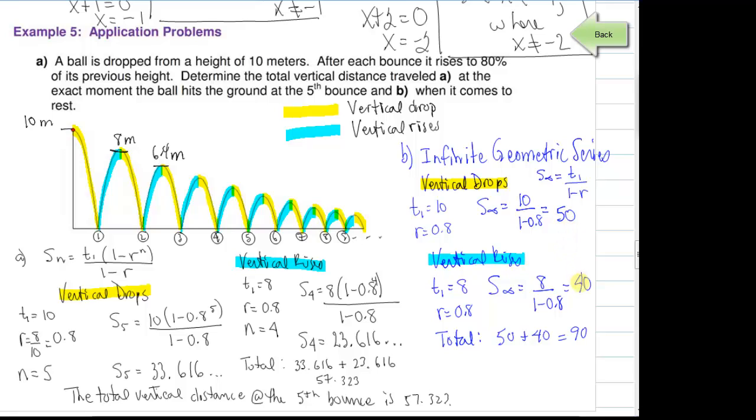So 50 minus 10 is 40, and then to get your total, you just add 50 plus 40, and you get 90, so the total vertical distance is 90 meters. Okay, and so that includes this section, and it includes this unit on sequences and series.